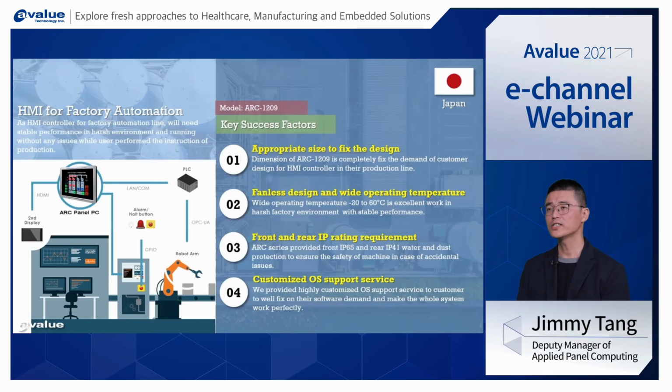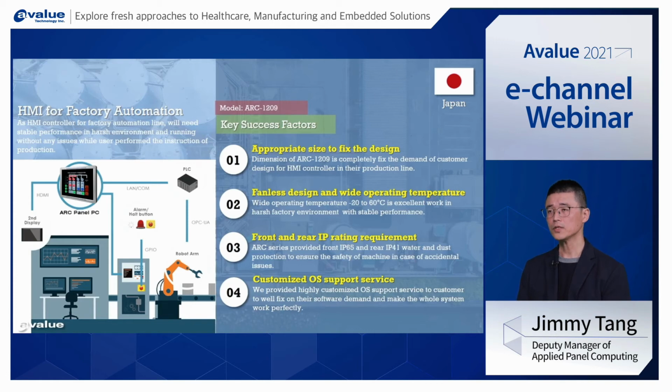Our customers connect the PLC with LAN and COM ports, and also connect a second display to show some information. Finally, they use GPIO and robot arms via the PLC. So this is how easily the customer can connect this kind of OT device.